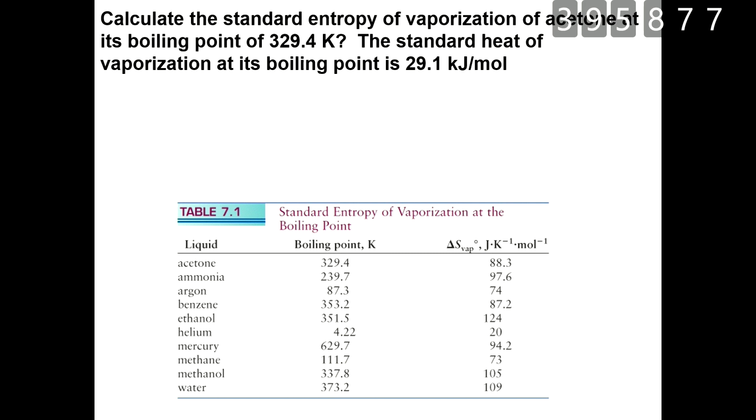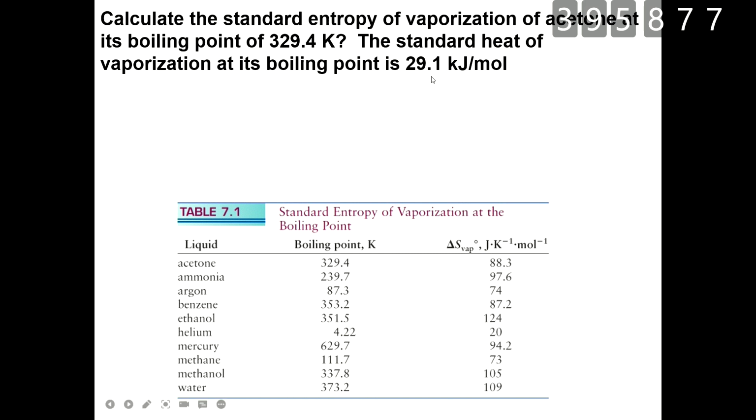For the entropy of vaporization, you take the standard heat of vaporization, since the general formula is heat over temperature. So what's the heat during this process?